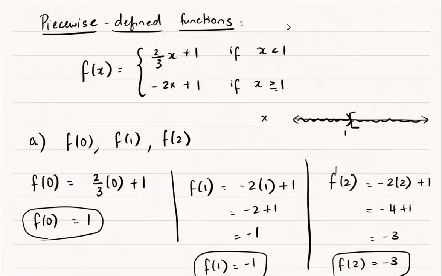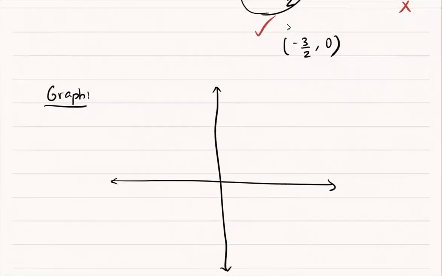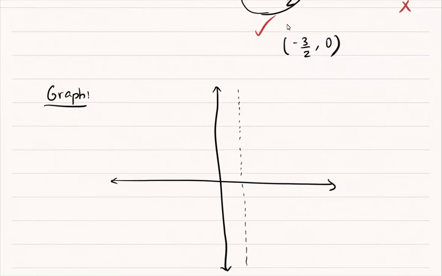Different piecewise functions can have different scenarios, and this one has this as its scenario. So 1 is where it is getting split into 2 halves. This is not an asymptote. I'm just drawing this as a marker for myself, and I can erase it later on.